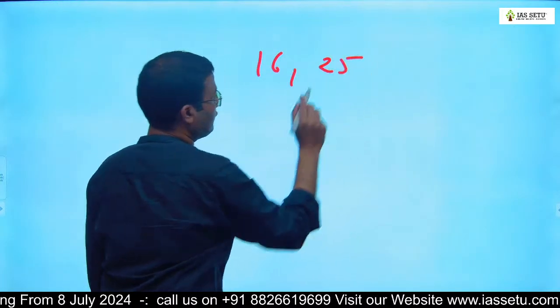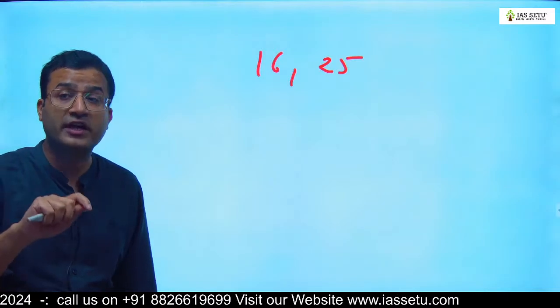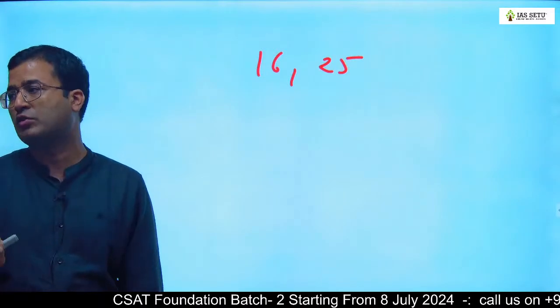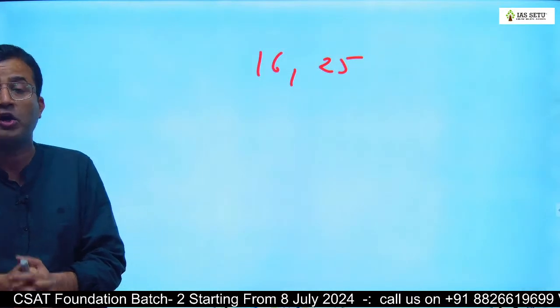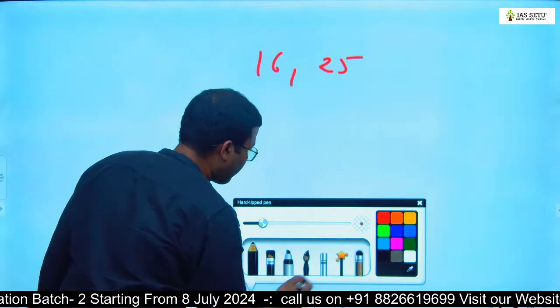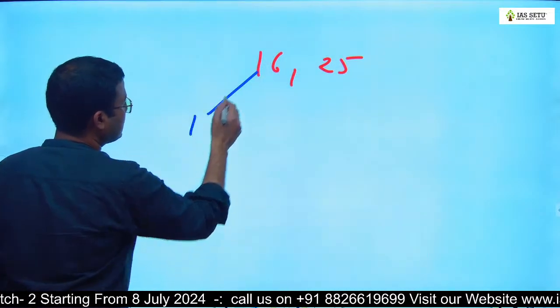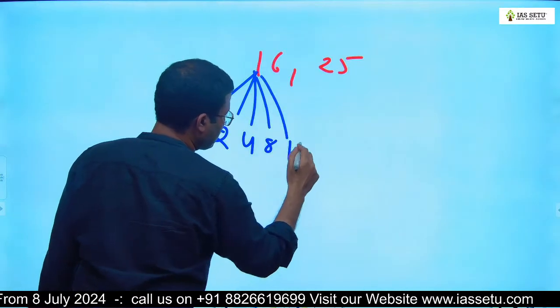These are not prime, these are composite, but we have to check whether they are co-prime to each other, yes or no. Are they friendly with each other or not, that we have to check. For that, you have to check factors. So we will check factors of 16. Factors of 16 are 1, 2, 4, 8, 16.